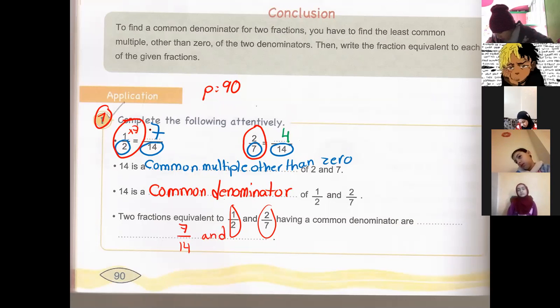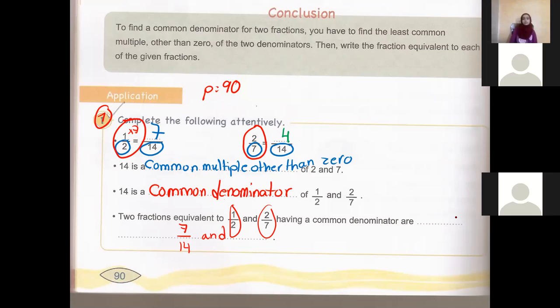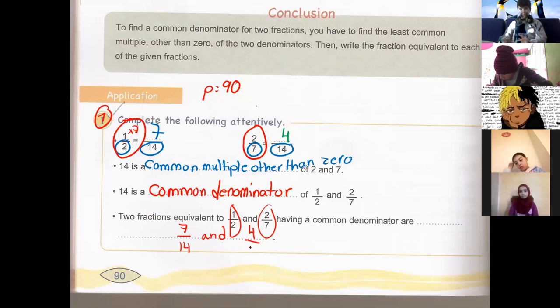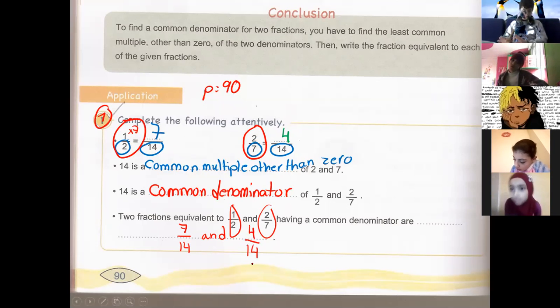We wrote them up. Half equals to which fraction? 7/14. 2/7 equals to which fraction? 2/7 equals 4 over what? 4/14. Okay. So these two fractions are equivalent to half and 2/7.